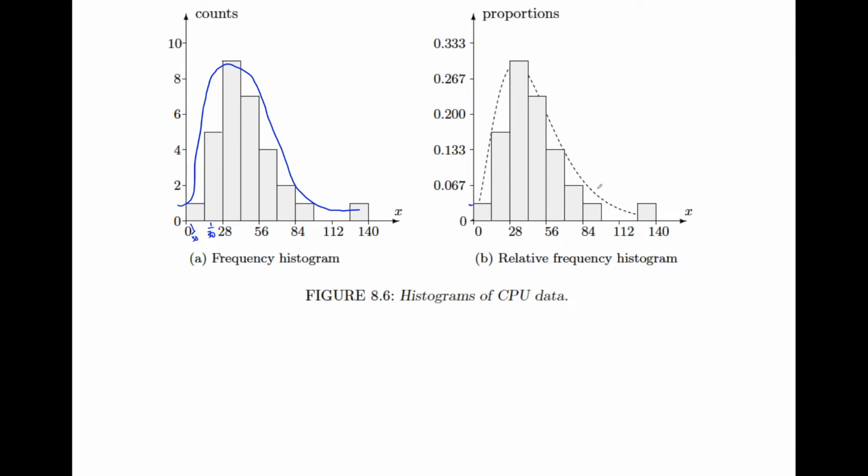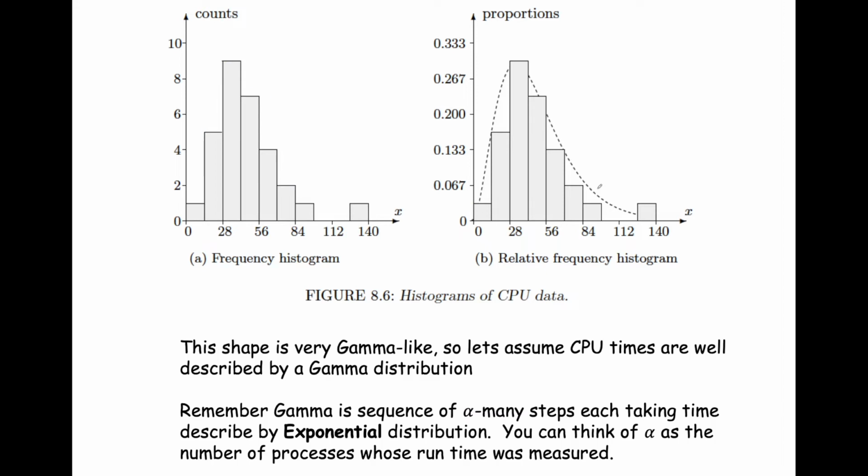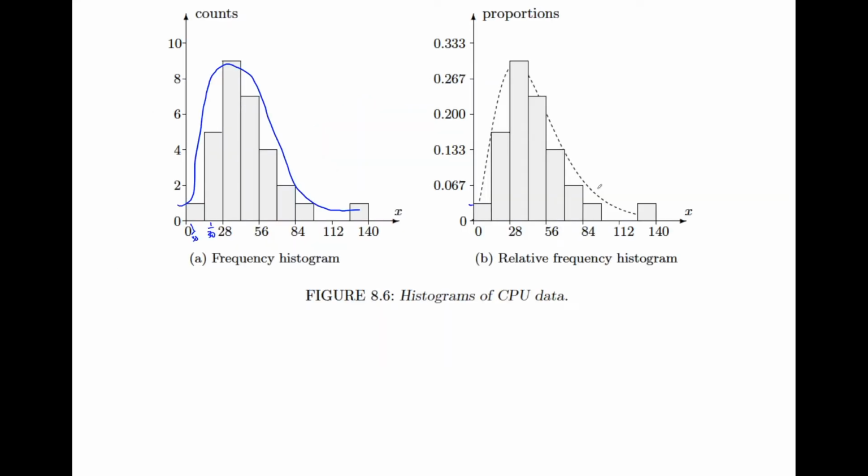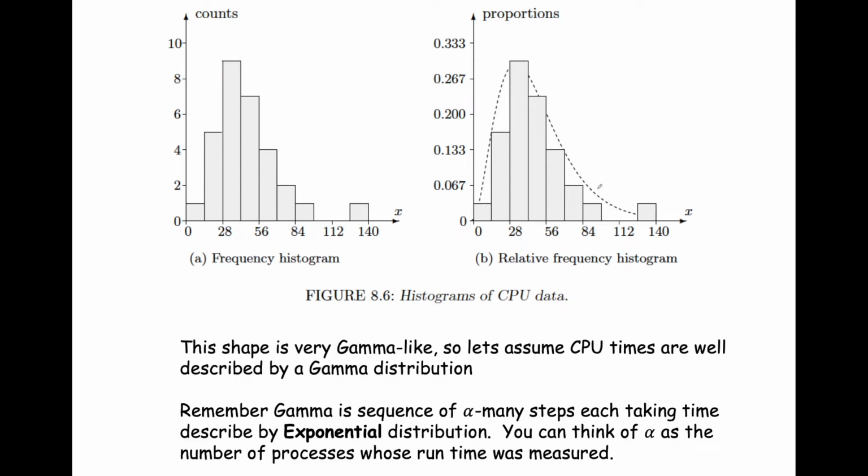So this is a histogram and relative frequency histogram. And the shape of this distribution looks very gamma-like, right? I'm also using the structure of the problem, the fact that you have 30 many of these time samples. It looks just like a gamma distribution. If we recall, a gamma distribution is a sequence of alpha many steps, each taking some time, where the time is described by an exponential distribution.